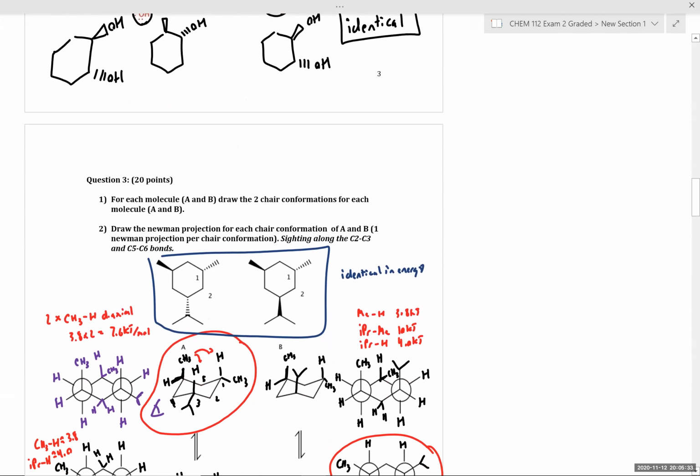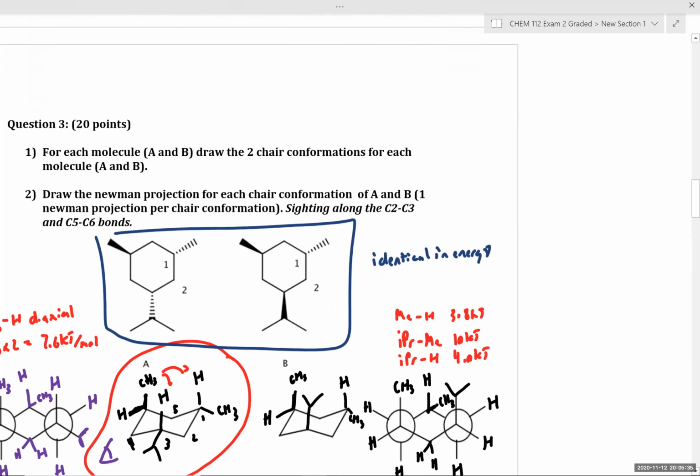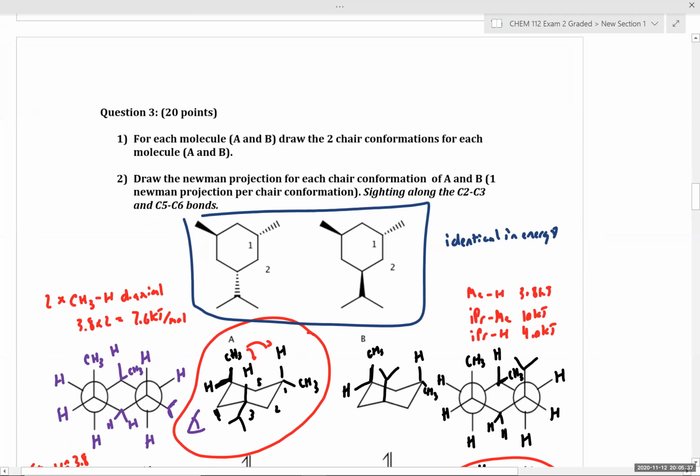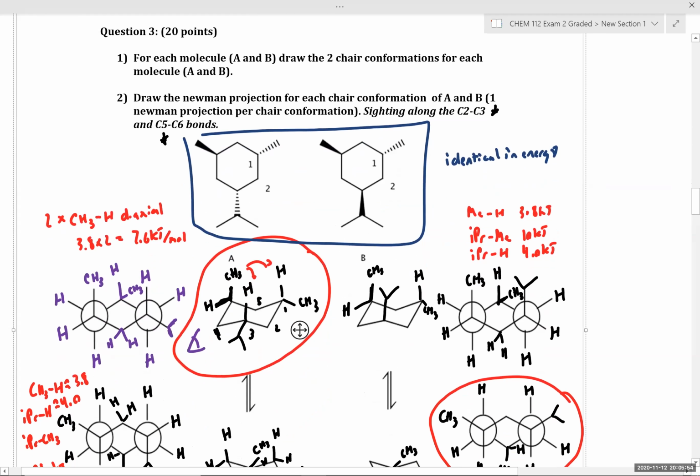Okay, so let's look at this next example for question 3, where we're asked to, for each molecule, draw the 2 chair conformations and then draw the Newman projection for each chair conformation, sighting along the C2, C3 and C5, C6 bonds. It's really important that your chair conformations accurately reflect the stereochemistry of your structure.